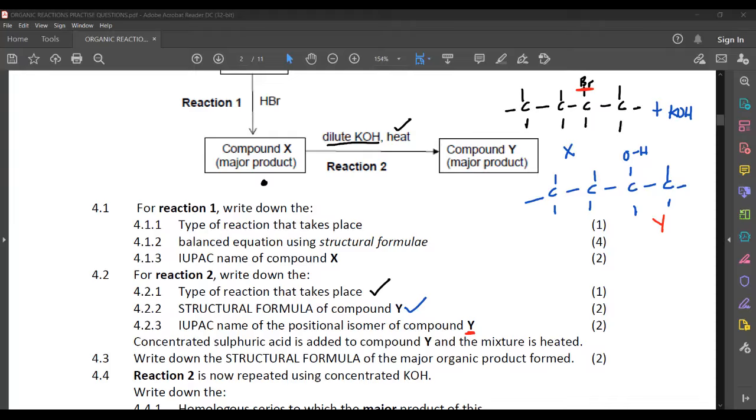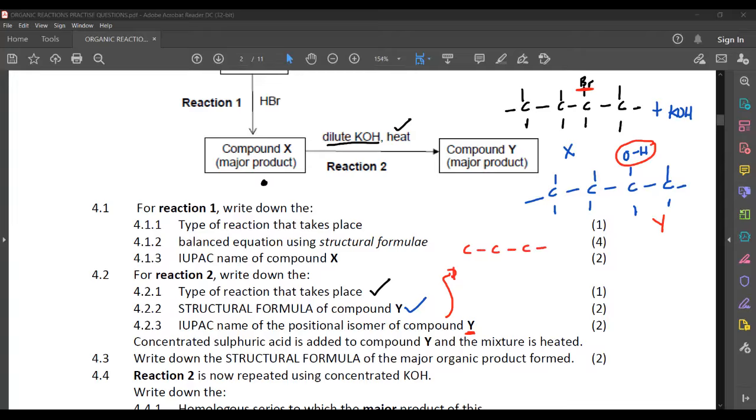A positional isomer has the same molecular formula. They belong to the same homologous series. In other words, they have the same functional group, but there is a difference in the positioning of that functional group. If I look at compound Y, the functional group, the hydroxyl, is on carbon number 2. Its positional isomer must have the hydroxyl on carbon number 1. So for 4.2.3, I would have it this way.